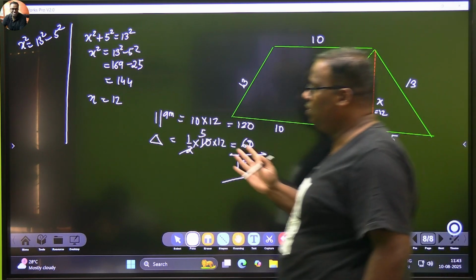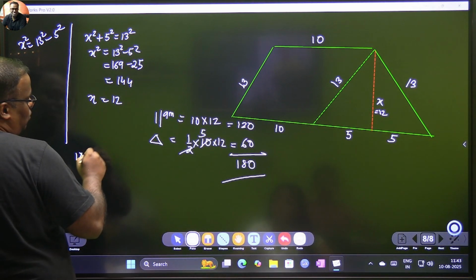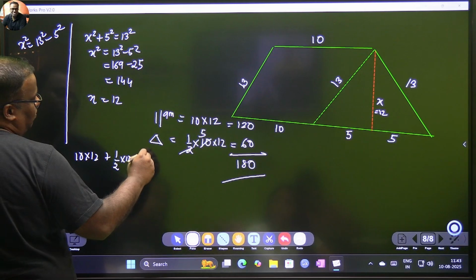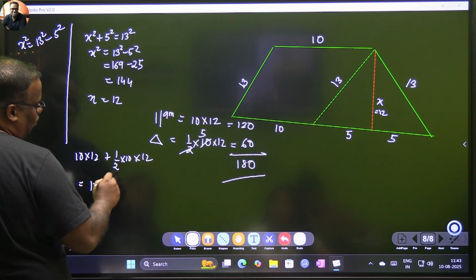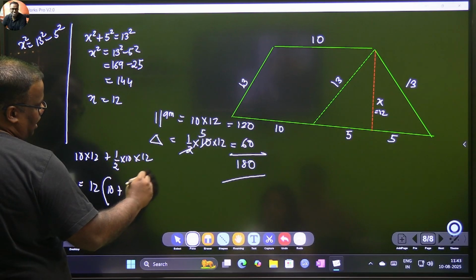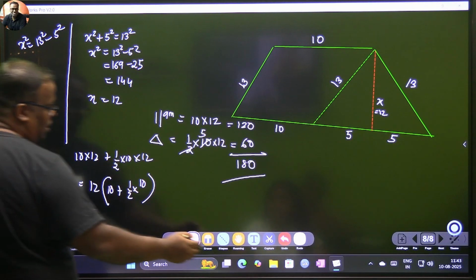Even here also we can do some interesting calculation. Our calculation is 10 into 12 plus half into 10 into 12. Agreed? We can take 12 common. 10 plus half into 10. Agreed? Or 12 into 10 you can take common. Why are you doing this way?